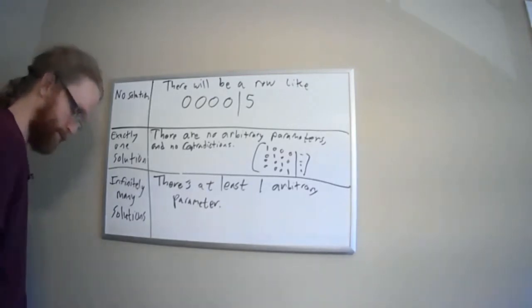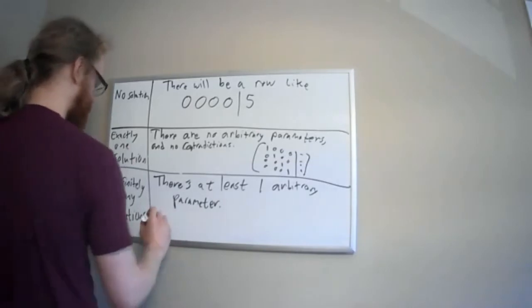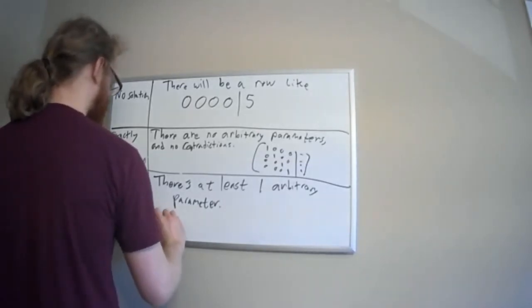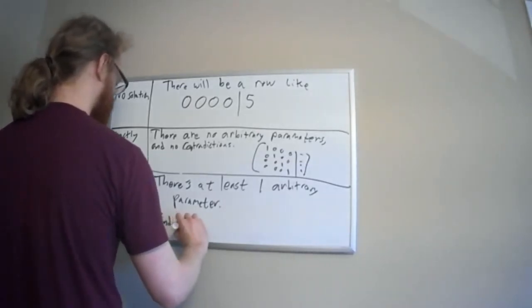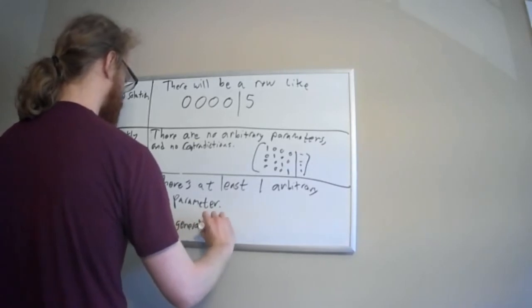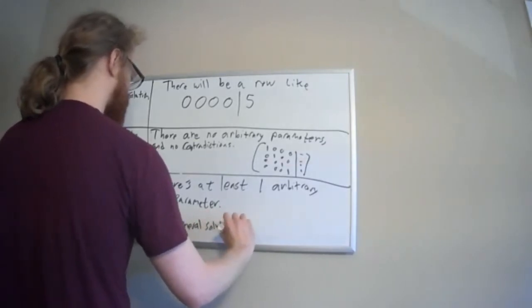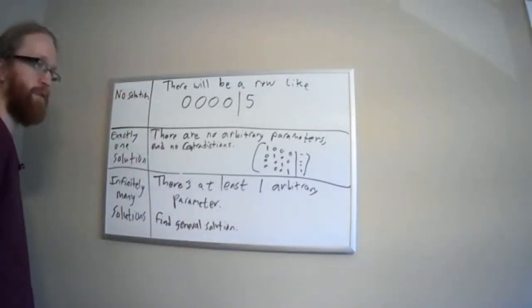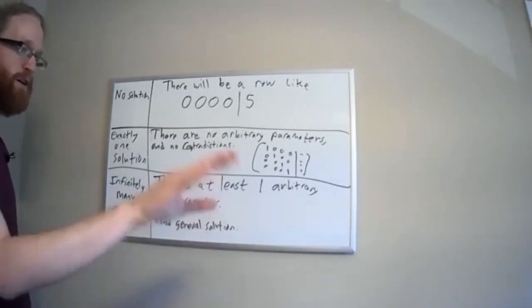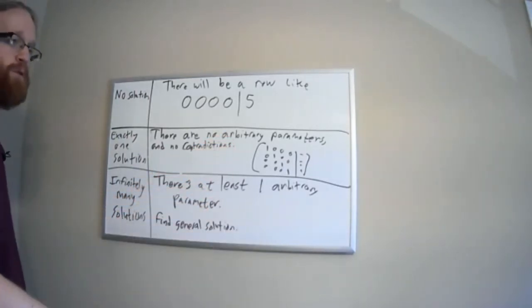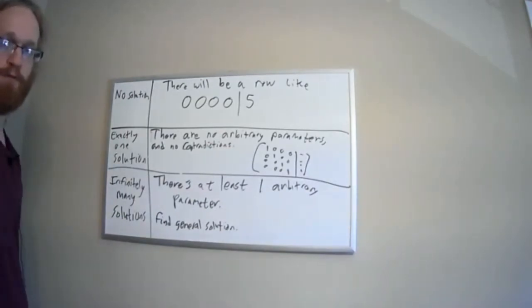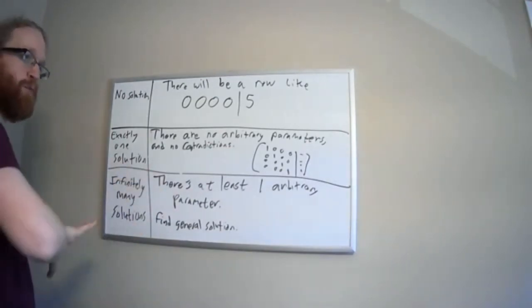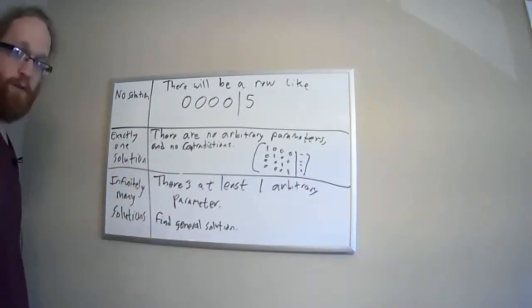And in this case, you should find that general solution, if you will. So solve it out so that all the arbitrary parameters are on one side of the equations and the non-arbitrary parameters are on the other side, so that you solve the equations for the non-arbitraries in terms of the arbitraries.